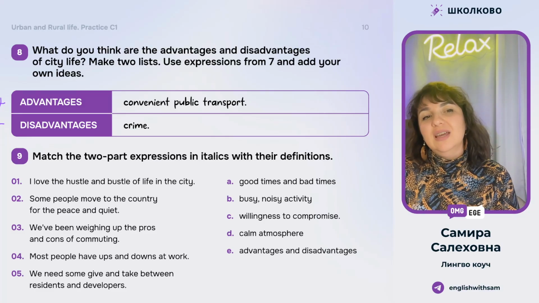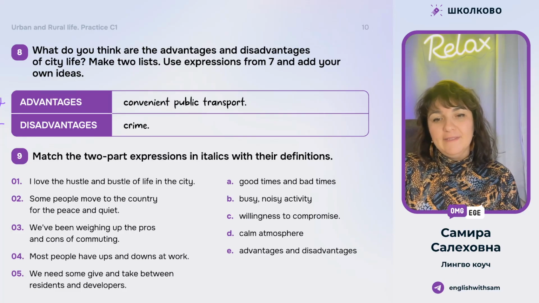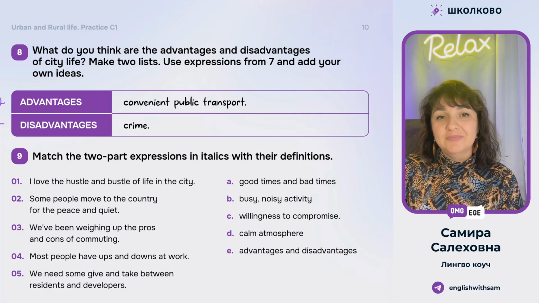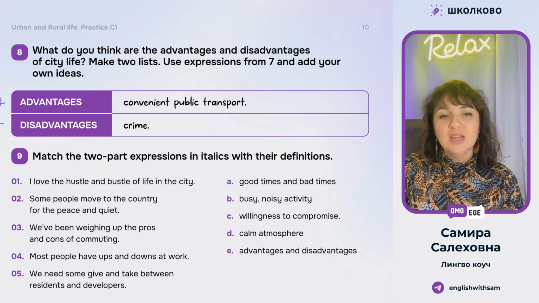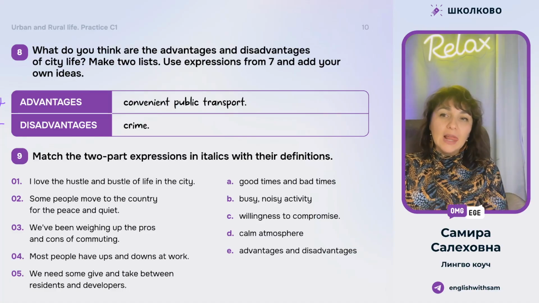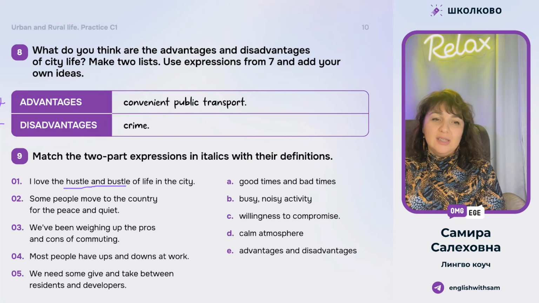So what can be the advantages of living in a big city? Just give me, not the whole sentences, extended sentences, but just some ideas, okay, for you to revise. Well, maybe for some of you, a huge minus, a huge disadvantage is the hustle and bustle of city life, and that would be okay.